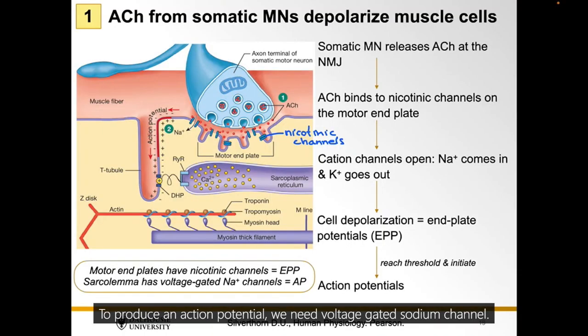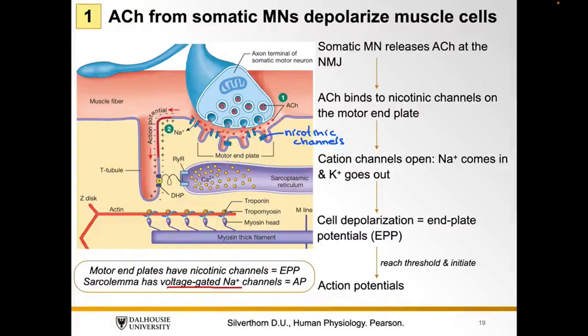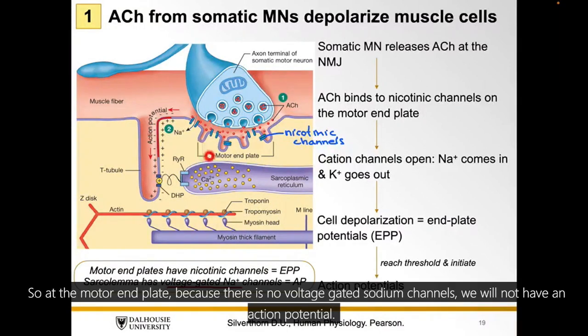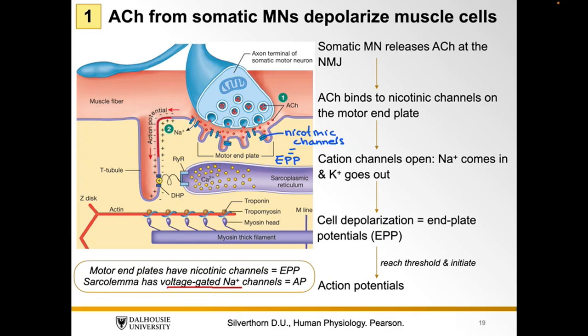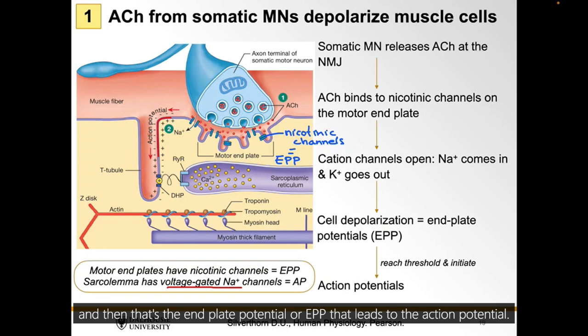To produce an action potential, we need voltage-gated sodium channels. So at the motor end plate, because there are no voltage-gated sodium channels, we will not have an action potential. All we will have is this end plate potential, that first graded depolarization. And that's the end plate potential, or EPP, that leads to the action potential.